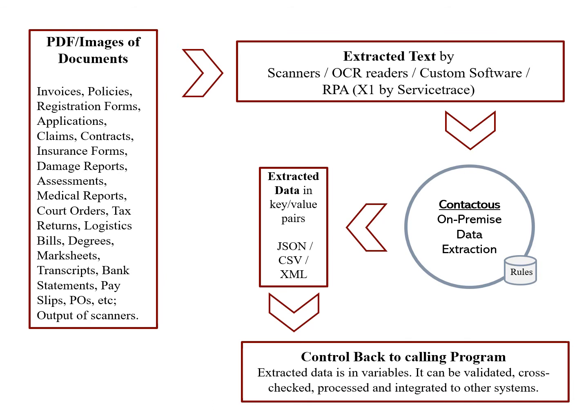And this is where RPA is very, very strong. In this diagram, all those arrows and boundaries marked in red are the boundaries of an RPA. The data extraction program is separate, an external program, and this is just a simple call, as we will show you.